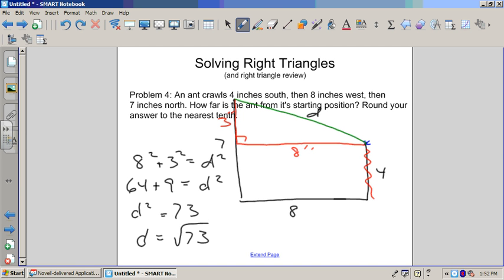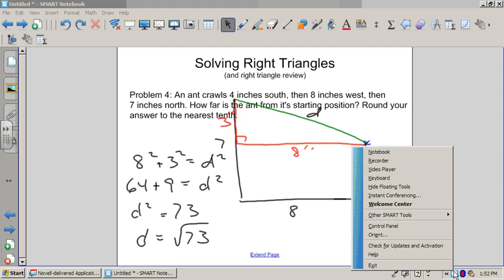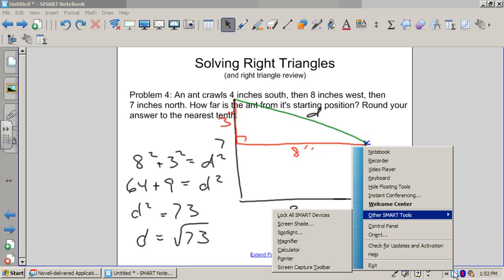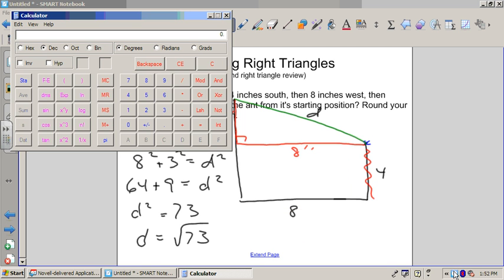I don't know that well, so I think I'm going to bring out my calculator again. Hopefully I can do this with this calculator that we have here. Let's see if we can figure this out. What is the square root of 73? Where is my square root button, or at least a power button?